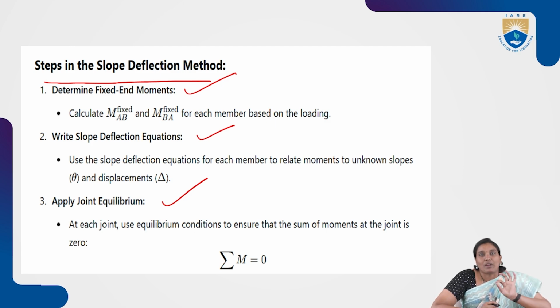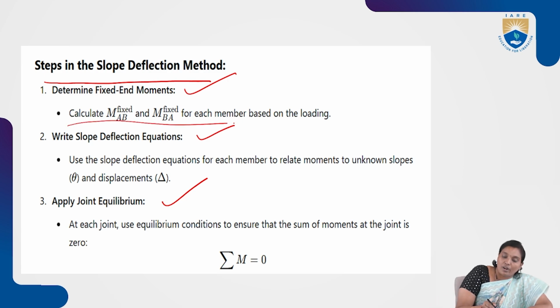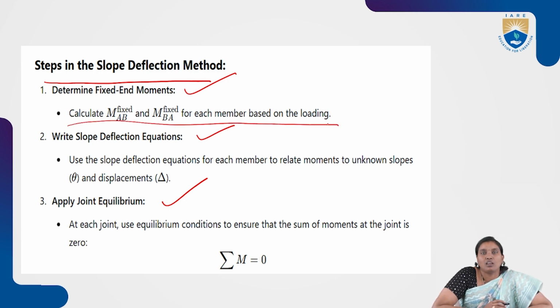Determine the fixed end moments, write the slope deflection equations, apply the joint equilibrium, solve for unknowns, calculate the member moments, and draw shear force and bending moment diagrams. These are the various steps involved. First, determine the fixed end moments. These are calculated separately based on the type of the end, what kind of support there is, and what kind of loading system there is. Based on the different loading conditions available, we calculate the fixed end moment for each member.